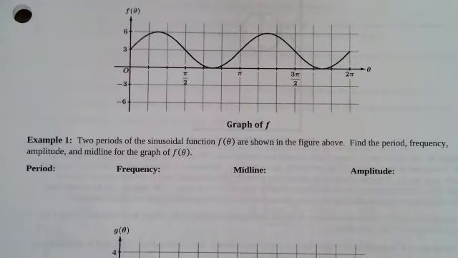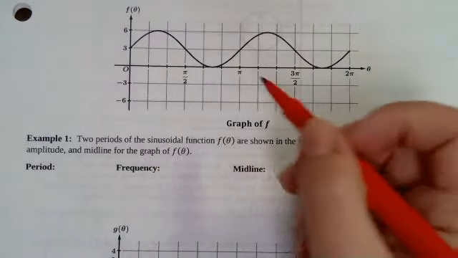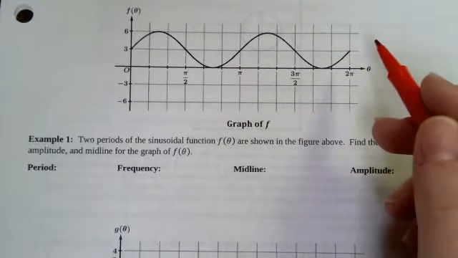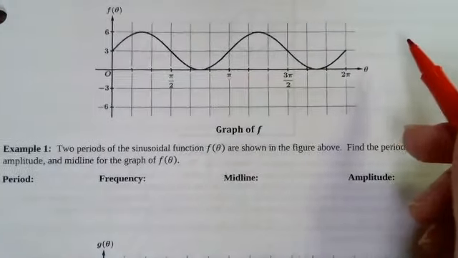Okay, we're going to skip over here to example 1 and actually work something. So here we have a lovely little graph, and they're asking us to find the period, frequency, amplitude, and midline for this graph. They didn't ask if it was a sine or cosine.